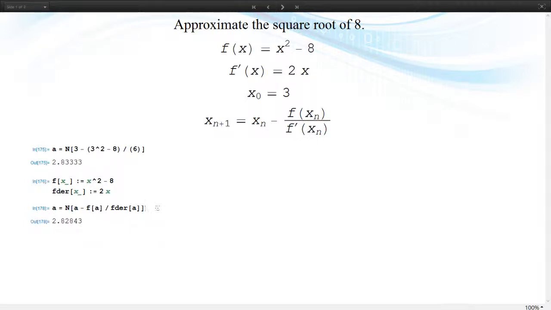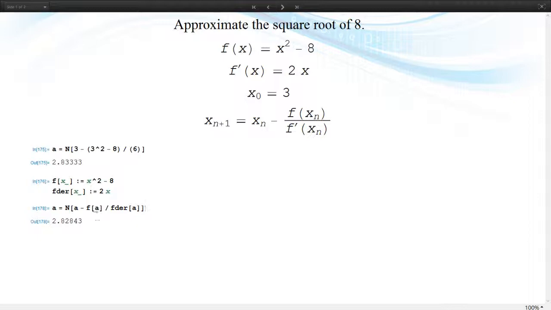So this is our second approximation, 2.82843. The way this is written, it says take your current approximation, plug it into Newton's method, and then put it in the same place in memory where your approximation was. So if I just keep hitting enter on this line, it'll keep giving me the next approximation and the approximation after that and so on.